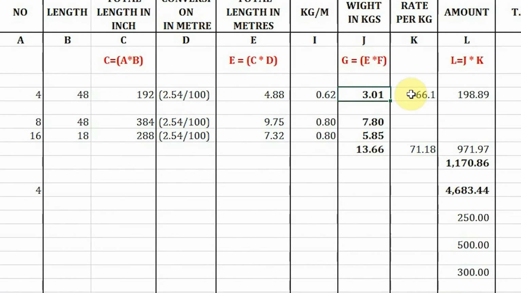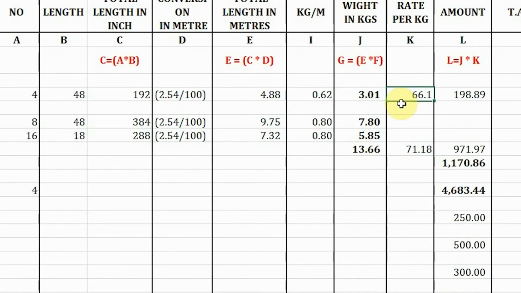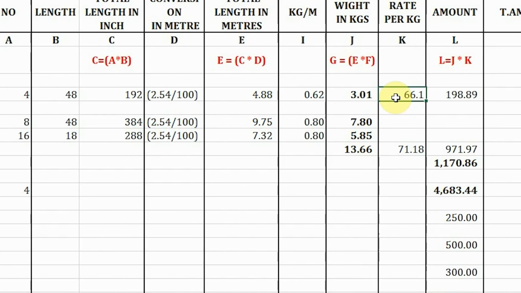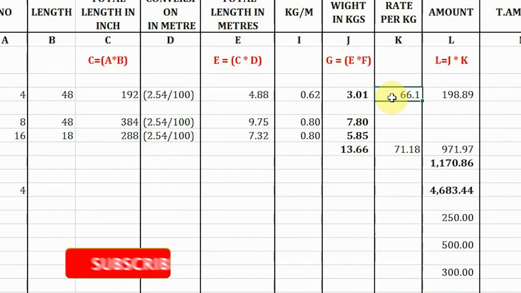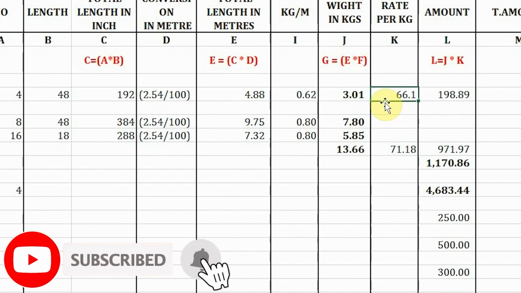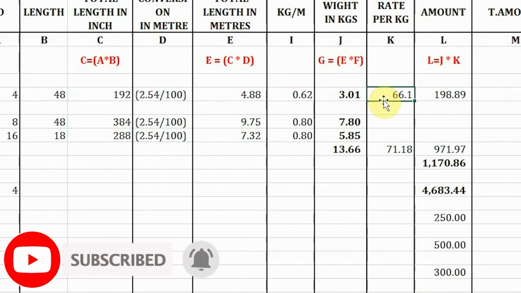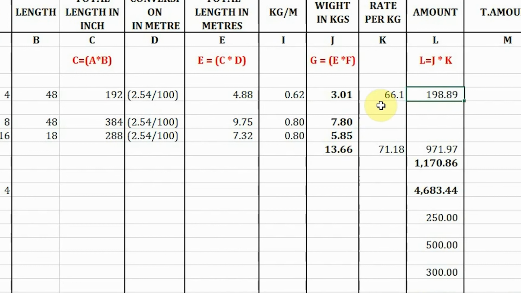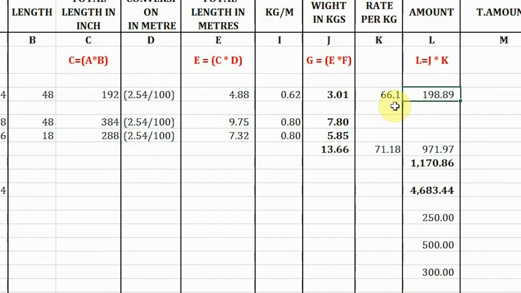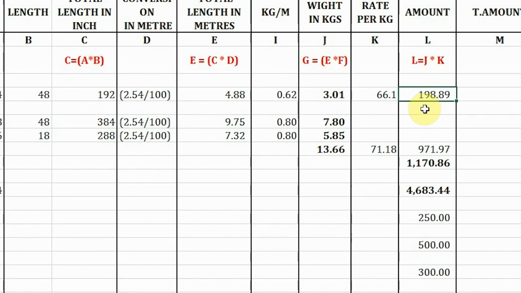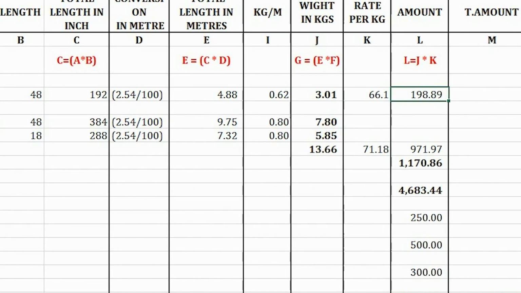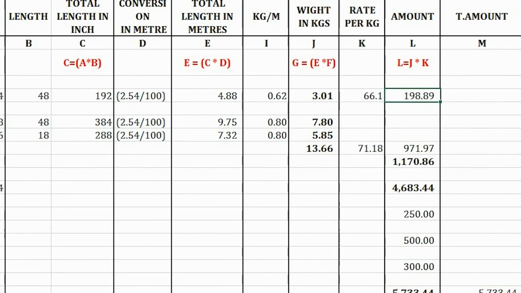The rate is 66 rupees. This will vary, so we have to cross-check in the market what exactly the rate is. At the time I am considering, it is 66 rupees. So my total amount is 3.01 kgs into 66 rupees, which is equal to 198.89 rupees required for this flat bar.